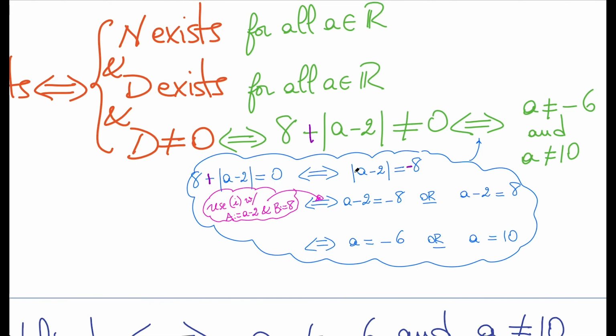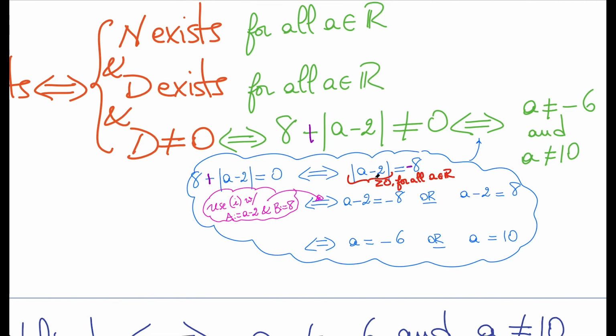But take a look. The absolute value of a minus 2 is equal to minus 8. Well, what do you know about this guy? The least this guy gets is 0, right? So this guy is at least 0 for all a. No matter what a is, the absolute value cannot be negative, right?